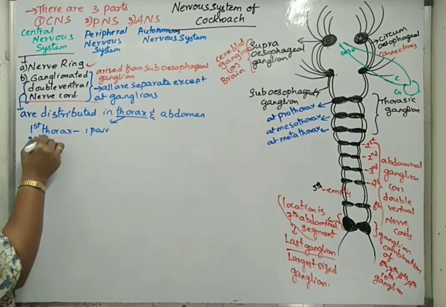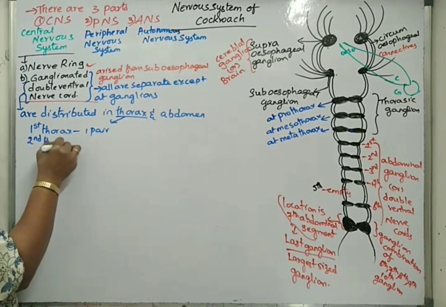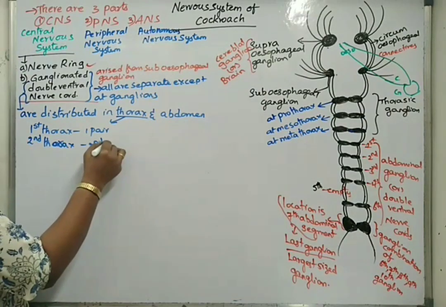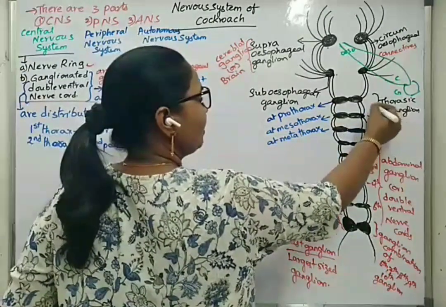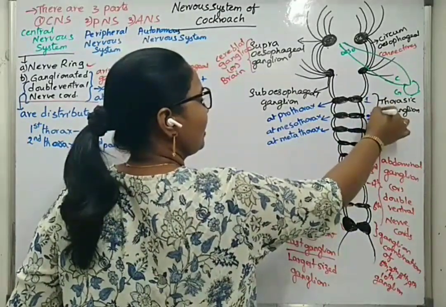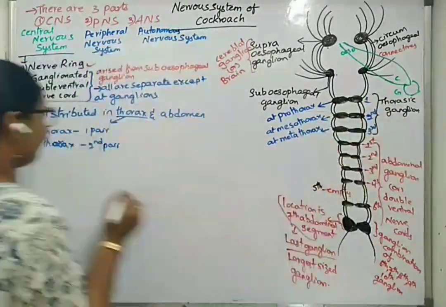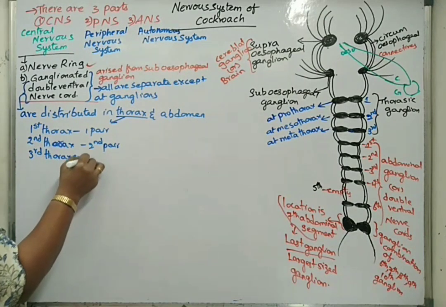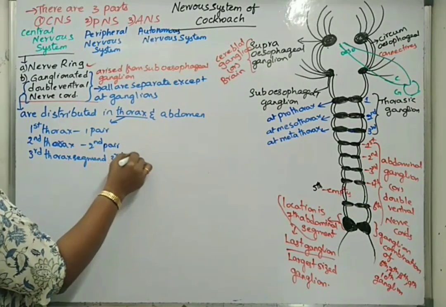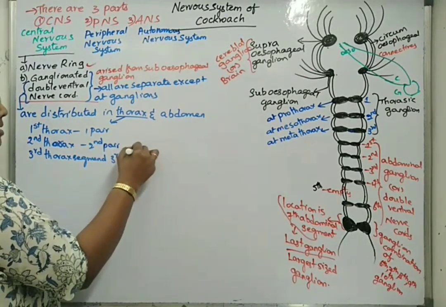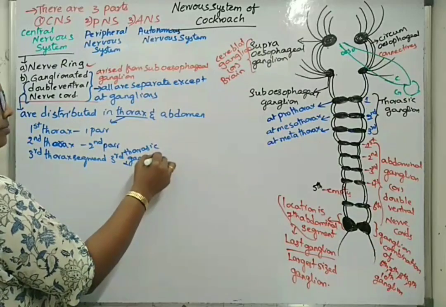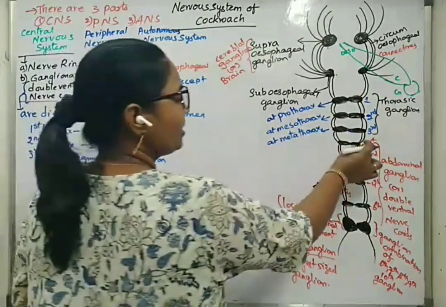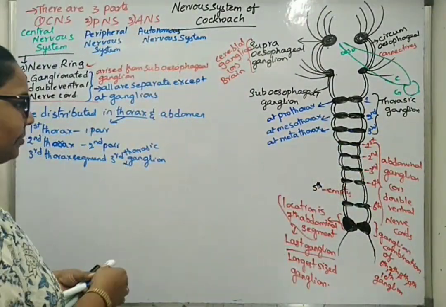In the second thorax region, the second pair of thoracic ganglion is present. This is the first pair, this is the second thoracic pair, and this is the third thoracic pair. In the third thoracic segment, the third thoracic ganglion is present. Now, coming to the abdominal region, starting from first abdominal segment.